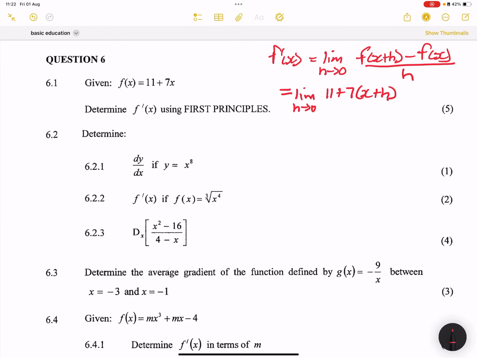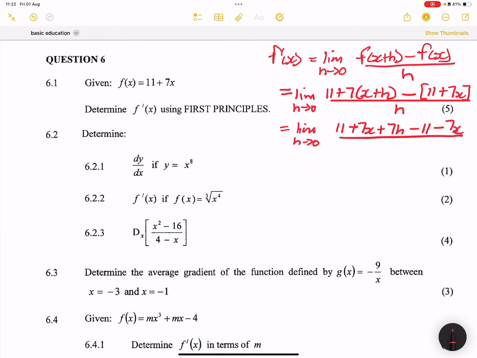minus f of x. Now remember, put f of x in brackets, that's 11 plus 7x, and this is divided by h, limit as h tends to 0. That's going to be 11 plus 7x plus 7h minus 11 minus 7x, divided by h.